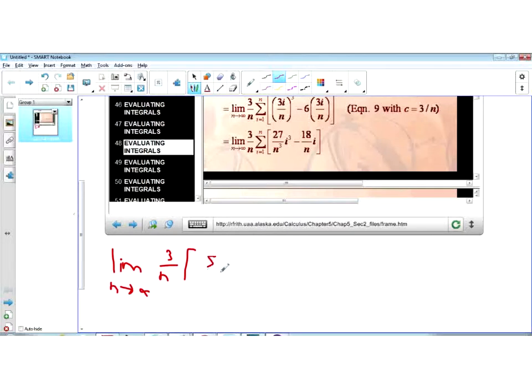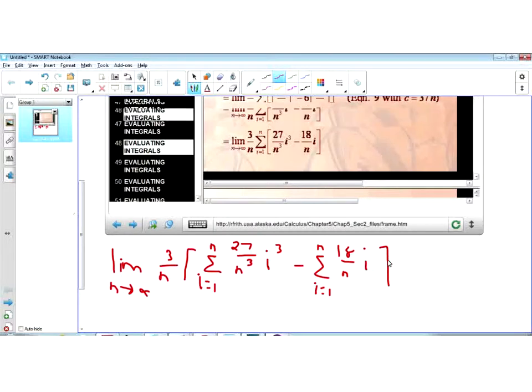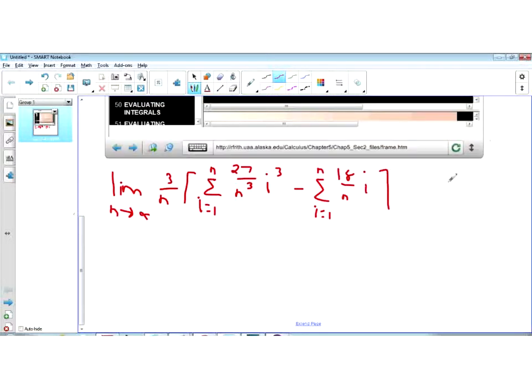3 over n. If we distribute our sigma operator, we'll get this. With sigma you can distribute it with respect to subtraction, like so.